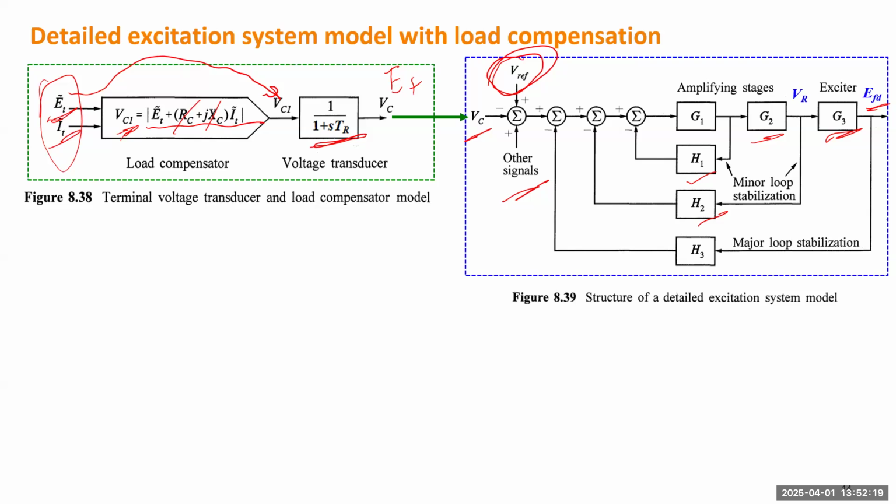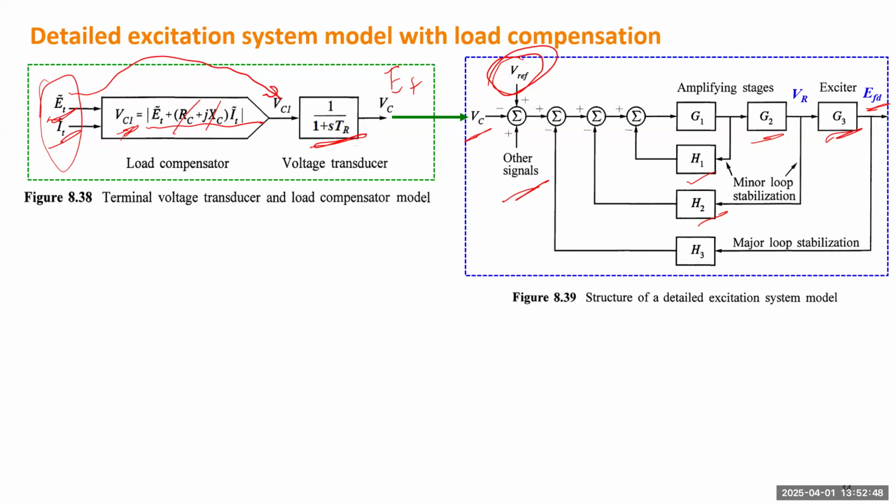You can even imagine, what if I take both XC and RC to be positive? Those two are values I can take arbitrarily. If I make RC and XC both positive, my question is, is the magnitude of VC bigger than ET or smaller? Do you know that? Can you make a guess?